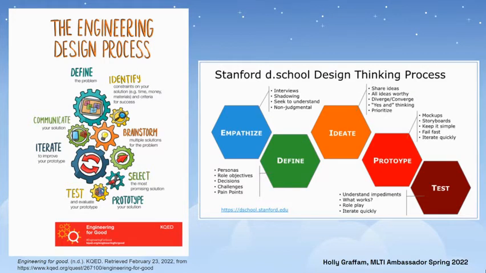This next one that I'm going to look at is the Stanford design thinking process. The Stanford D School is the one that really was the front pioneer in design thinking, and their model's a little different, but it is again very similar to problem-based learning, very similar to the engineering design process. The difference being about the empathizing.